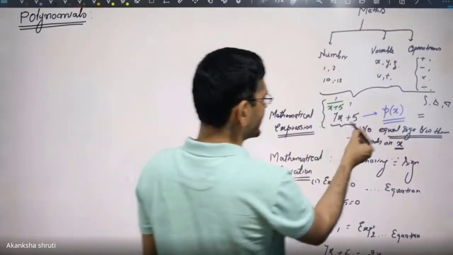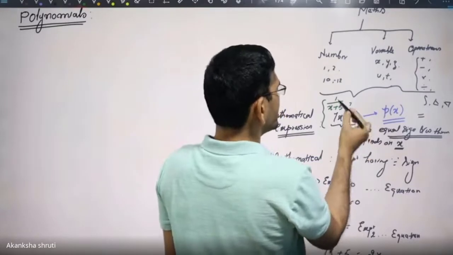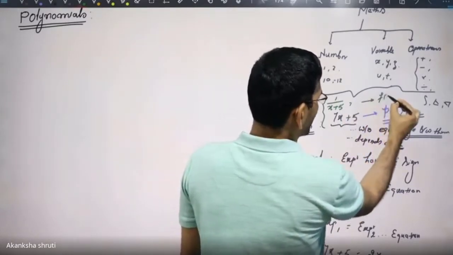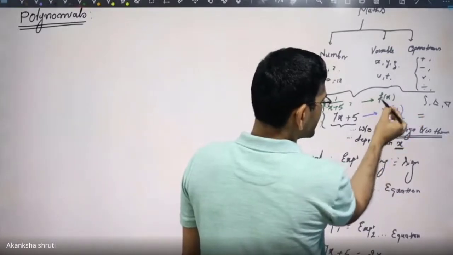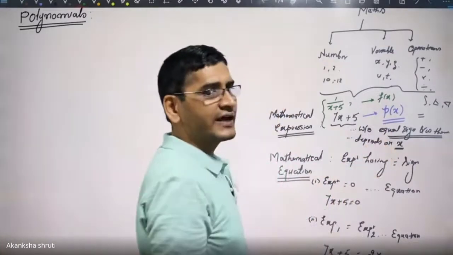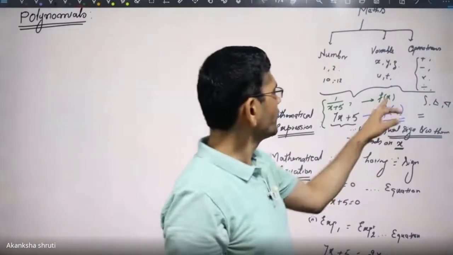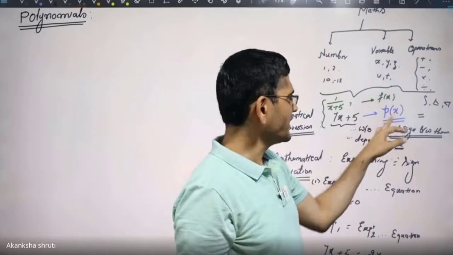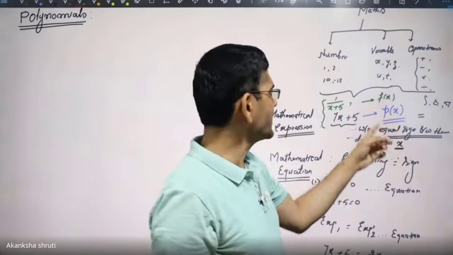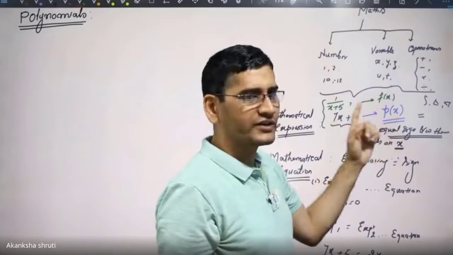That mathematical expression is denoted by p(x), or we may denote this by f(x) also. So the f denotes some kind of relation or dependency over this x. Here p(x) indicates that p is denoting some kind of dependency of this expression over this x.